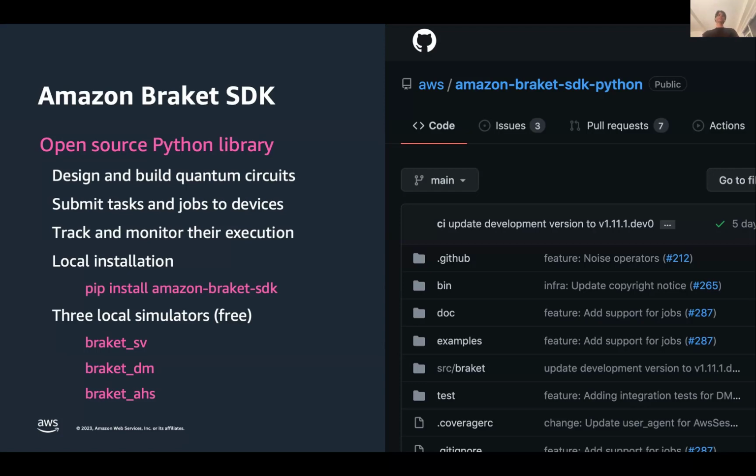The density matrix simulator has the capability of simulating noise. And AHS is the analog Hamiltonian simulator that simulates neutral atom devices, which are based on a completely different paradigm of quantum computing, different from the gate-based quantum circuit model.